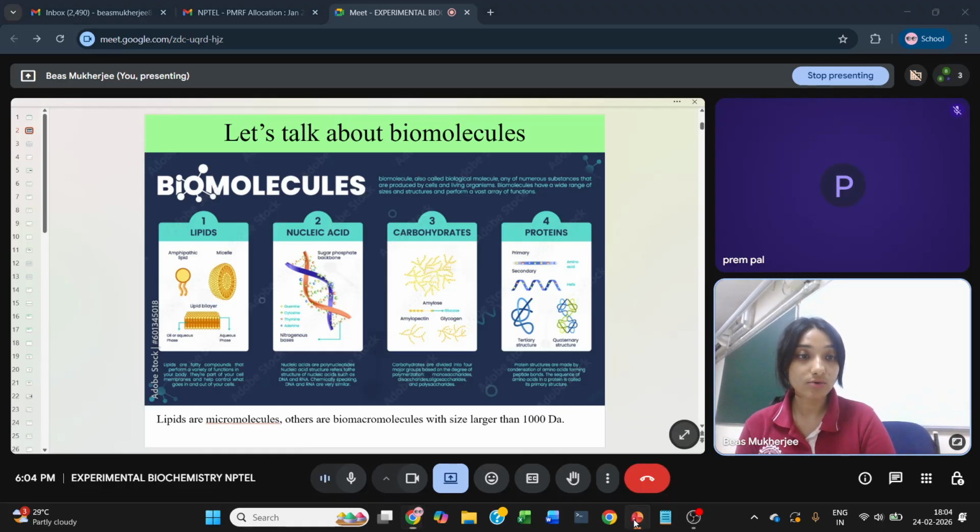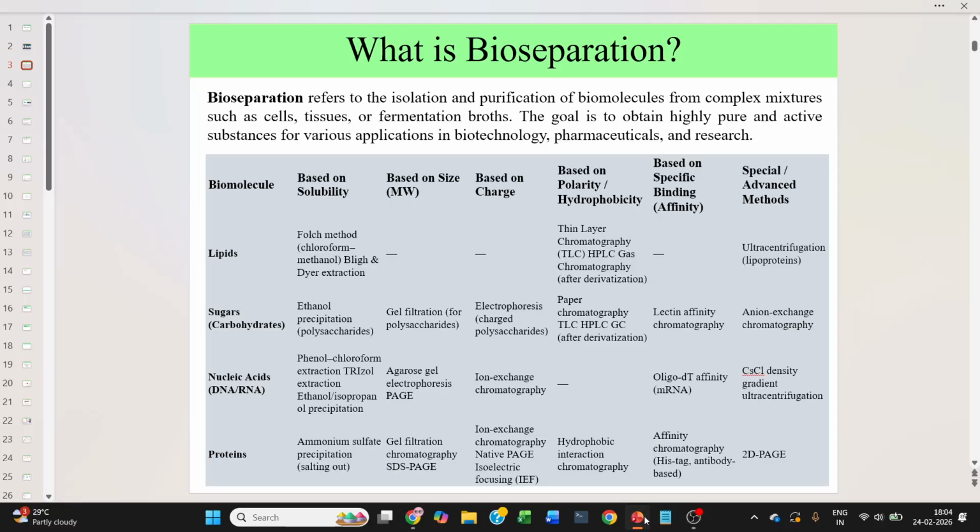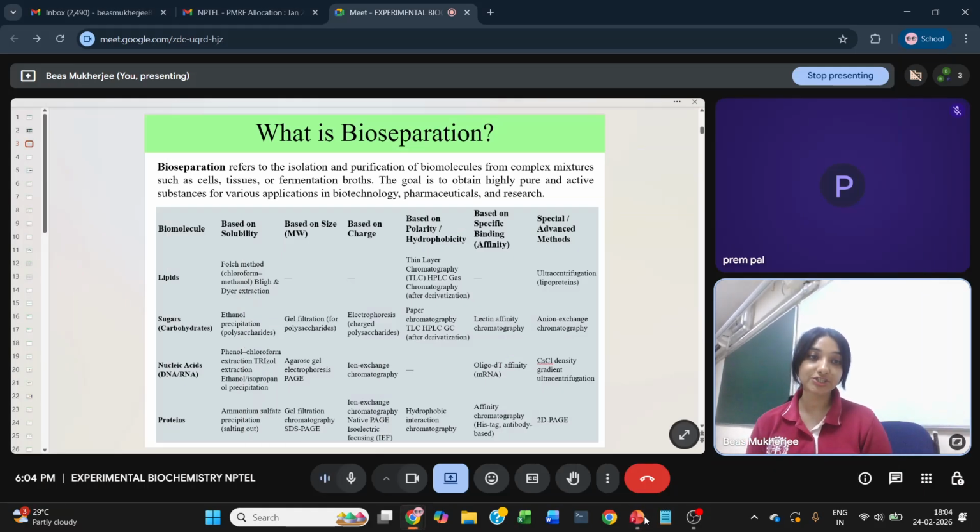Now, there's something called bioseparation. What is that? Bioseparation is the technique that is used for separating out all of these different biomolecules from a mixture. When we want to study the biomolecules individually, we will have to devise techniques to separate them out, because this is very essential for any further in-depth study of these biomolecules, or if you want to make something new from them.